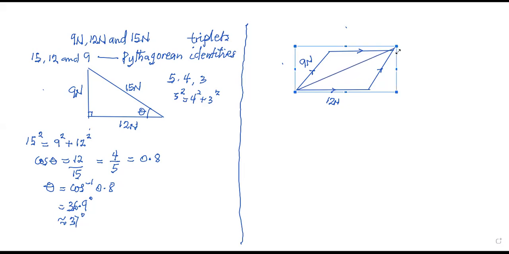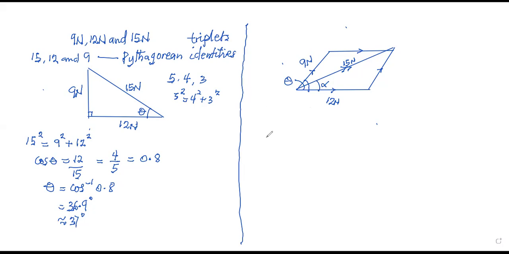So this is the resultant, which is equal to 15 Newton. The angle between the 9 and 12, this is theta. I'm asked to find the angle between the 12 and 15. So this is alpha.